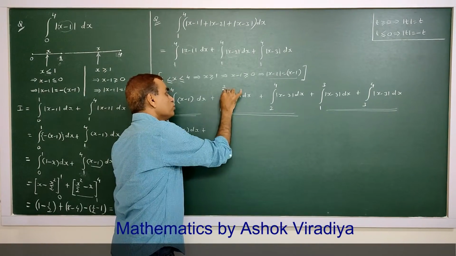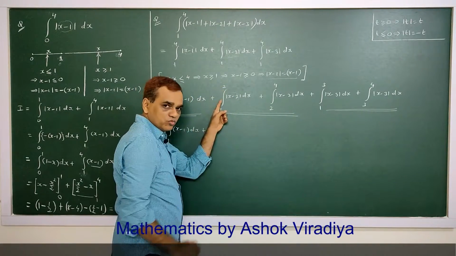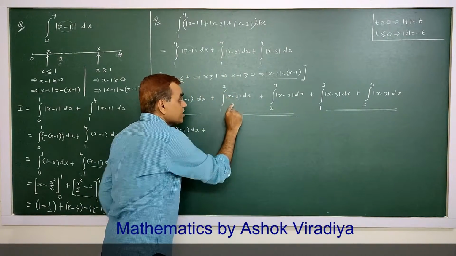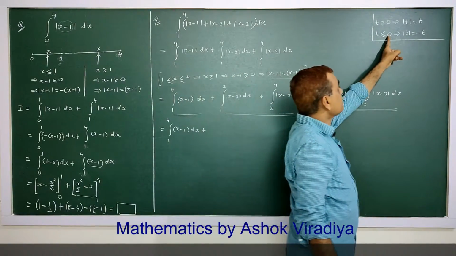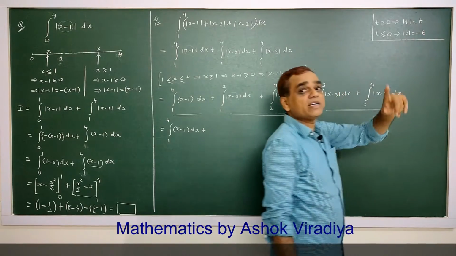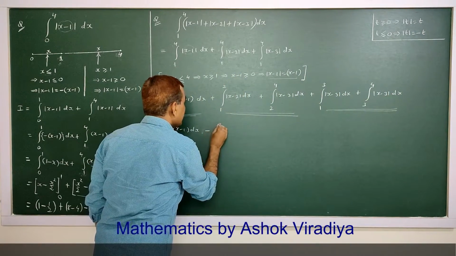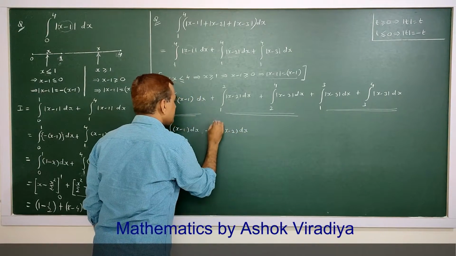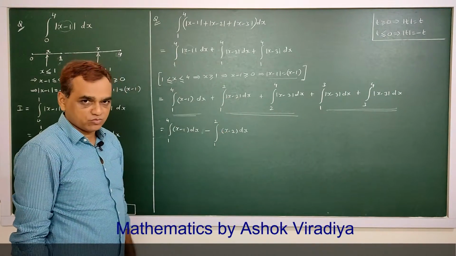When x belongs to 1 to 2, that means x is less than or equal to 2, so x minus 2 is less than or equal to 0, so mod x minus 2 is minus of x minus 2. Mod x minus 2 is minus of x minus 2.